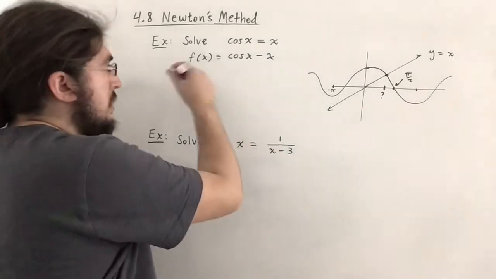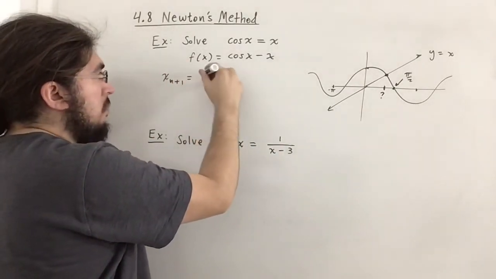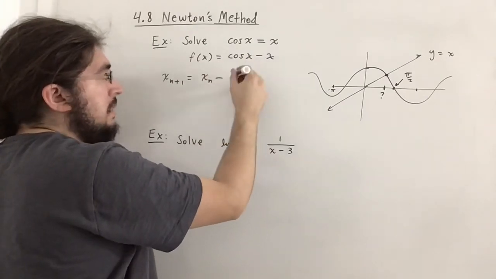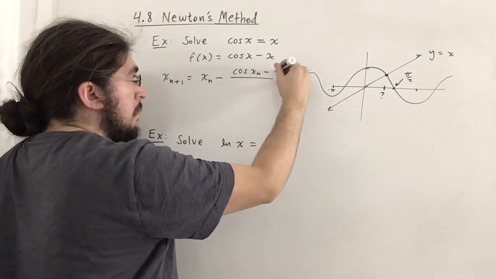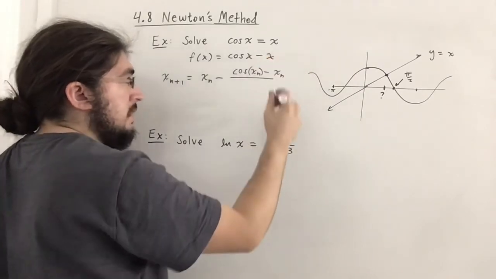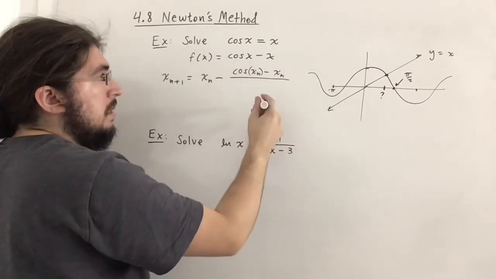But now, of course, to set up the recursion, we're going to get x of n plus 1 is equal to x of n minus the function, cosine of xn minus xn. Let me put parentheses here just to denote that we're doing cosine of that and then minus this. So that's our function.